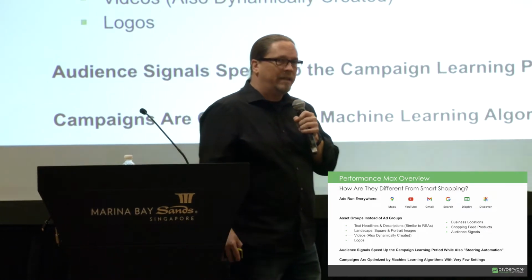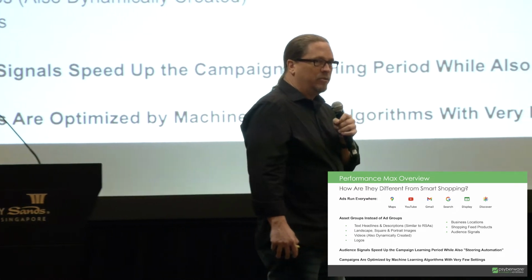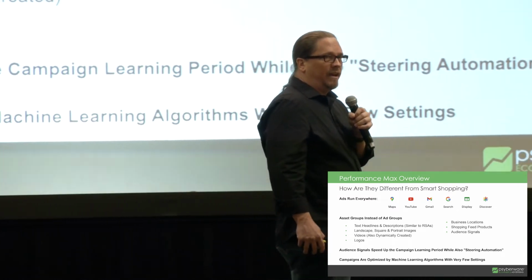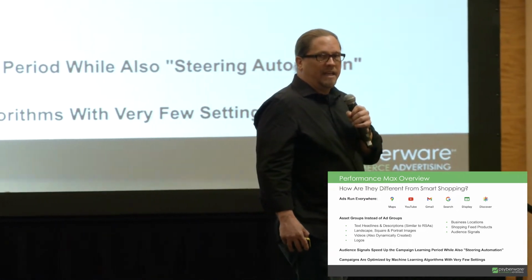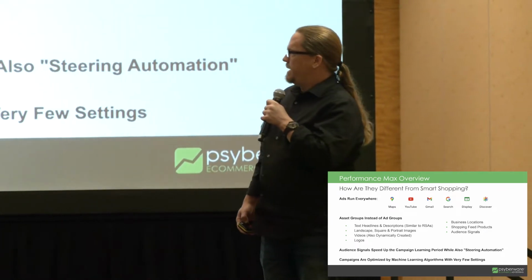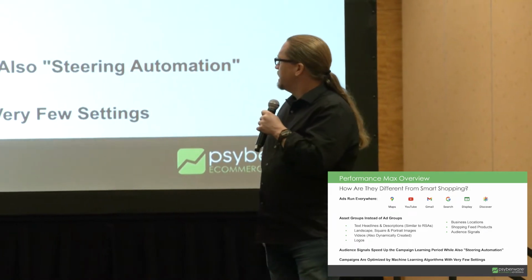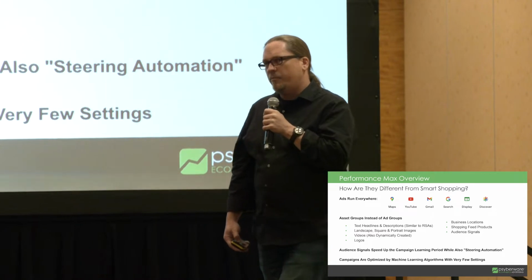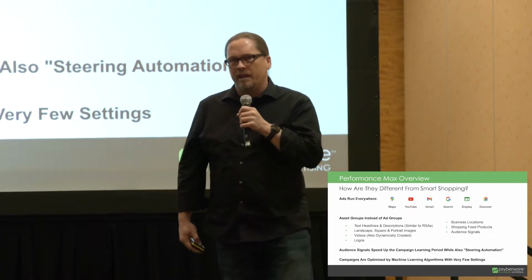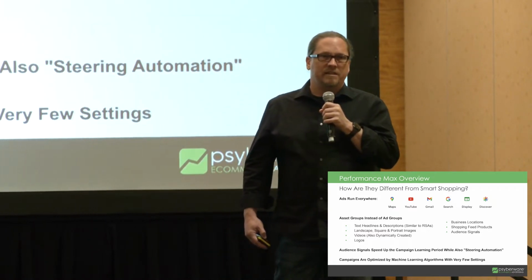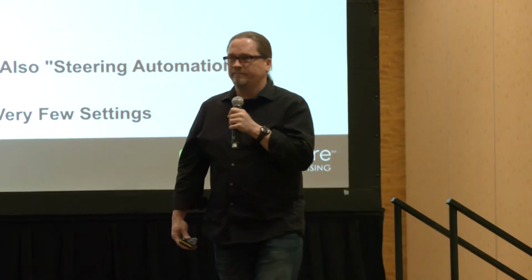But the audiences don't limit who the ads can show to. Google will use those at first and then learn what's working and then expand far beyond the audiences we set. Since these campaigns are automated by machine learning algorithms, there are very few settings that we can actually configure.